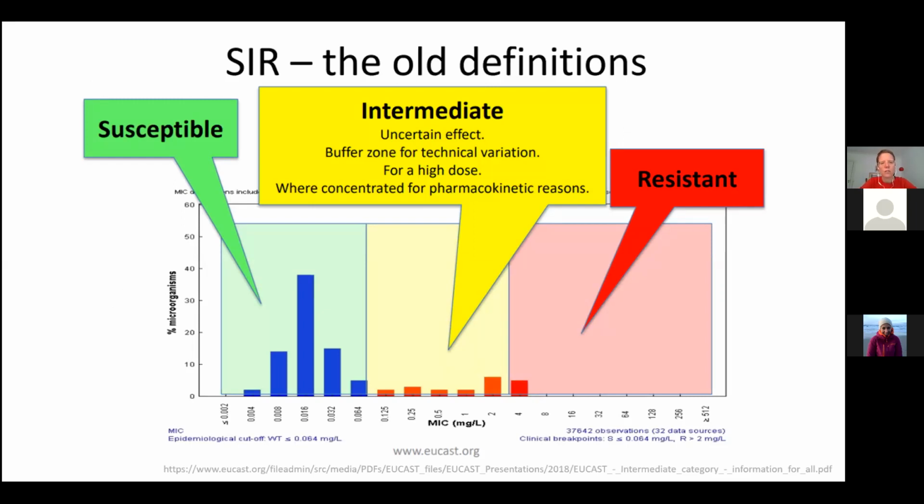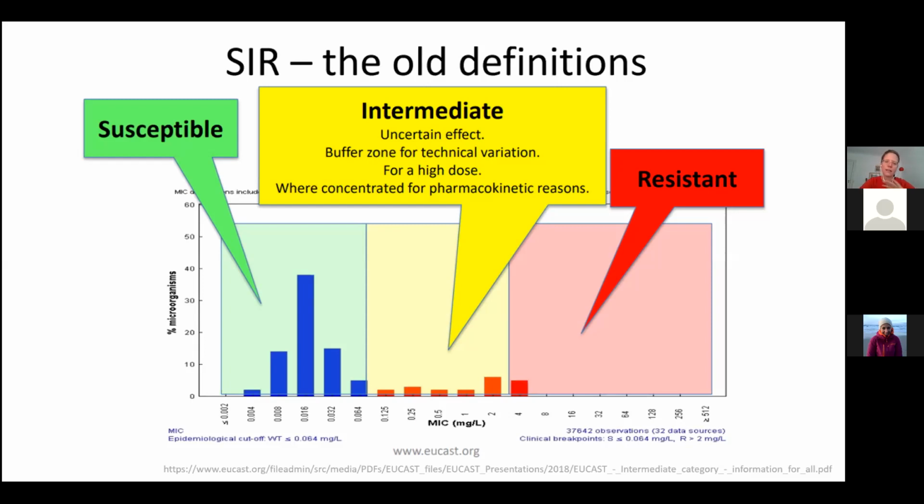And the old intermediate, the old I, actually comprised several things. It covered uncertain clinical effects. It also included uncertainty in the lab, technical uncertainty, which Annika just has had a very nice presentation about.